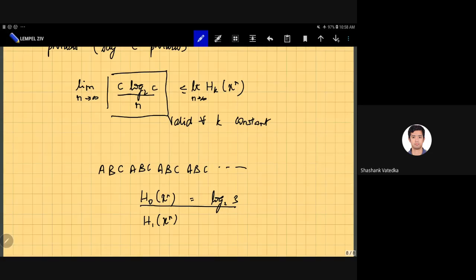If the sequence indeed behaves like a kth order Markov source, then this will be strict up to H_k, and then the rest of them will be the same, H_{k+1} and so on, if this is a real kth order Markov source.